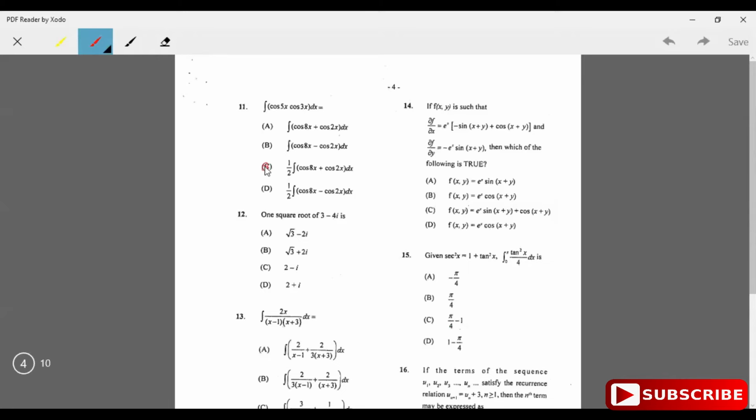This is the sum of two cosines. So you have to just remember the sum of two cosines is 2 cosine of (A plus B) over 2 times cosine of (A minus B) over 2.